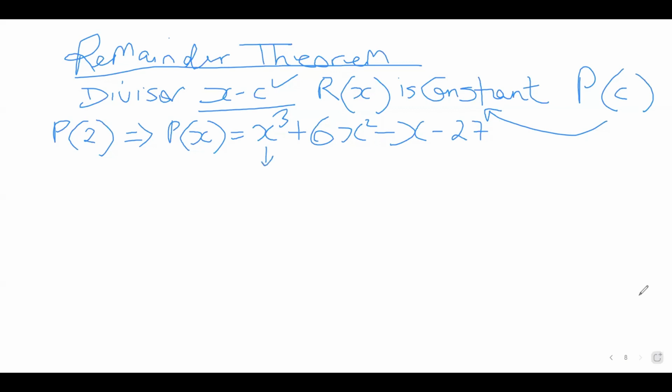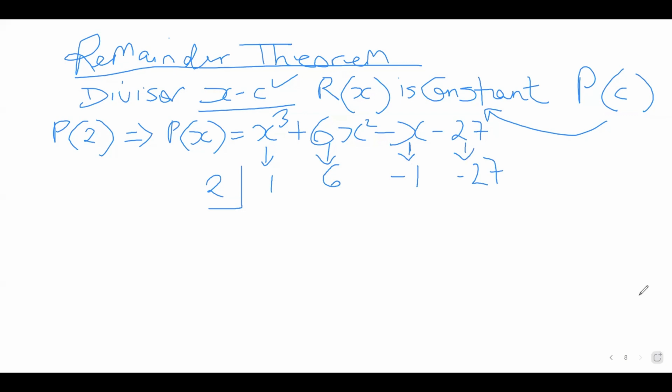We're going to find the coefficients, and 2 is the divisor. So we're going to have 1, 6, -1, and negative 27. So we're going to use the same principle. So again, coefficient of negative x, and then the constant.